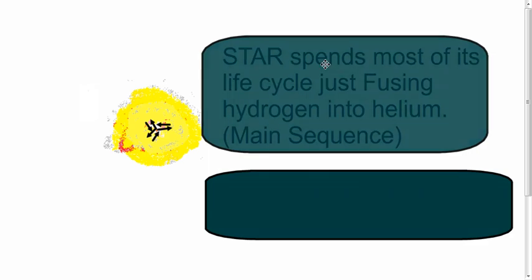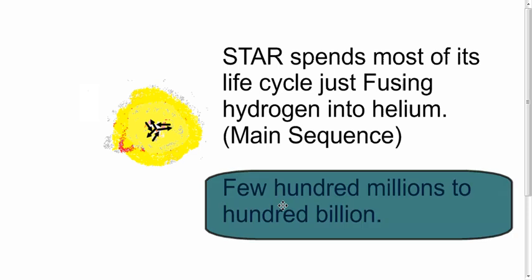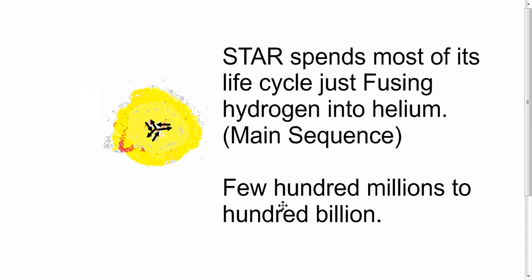Now, stars spend most of their life cycles in this phase. It's called the main sequence, where their core is fusing hydrogen into helium, and the star is kind of at a status quo and maintaining equilibrium. And this can last a really short time or a really long time, depending on the mass of the star.